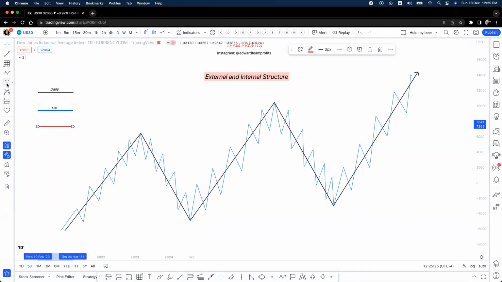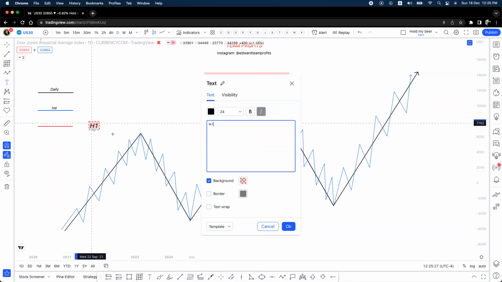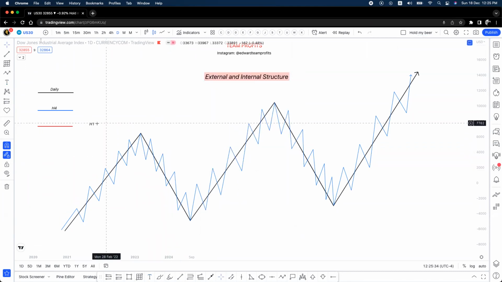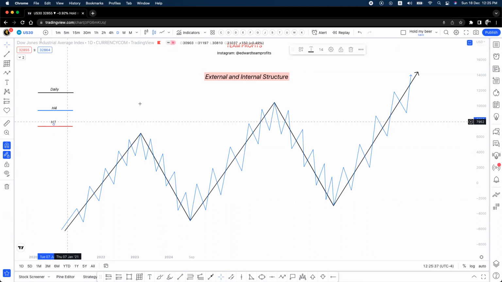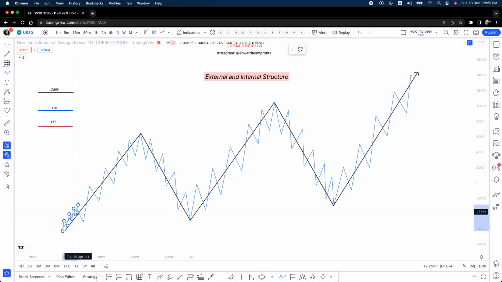So you're going to find an internal structure within this. Most likely what you're going to see is this. I'll change the color. But now you're going to see this little thing going on, boom, boom, boom, right inside the actual H4.